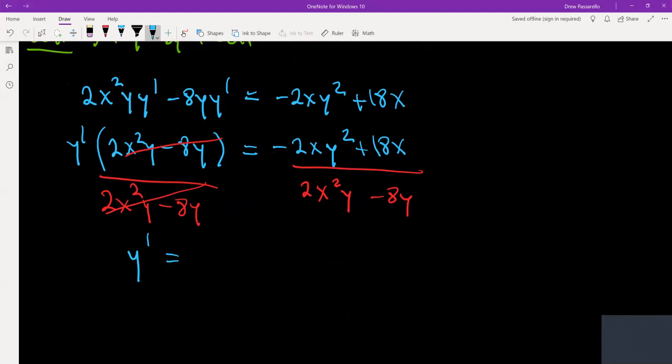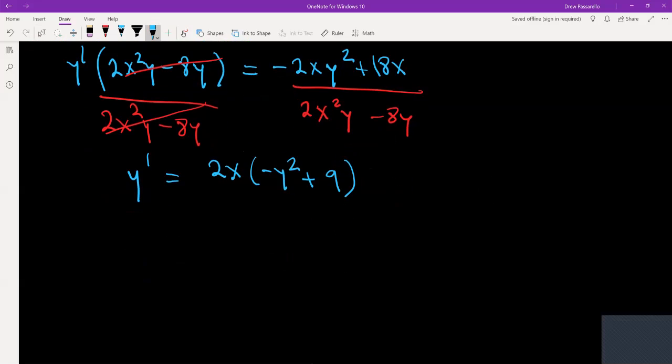I might just try factoring out 2x, and that makes this negative y squared plus 9. And for the other stuff, I can factor out a y, but I can also factor out 2. So I'm going to factor out 2y.